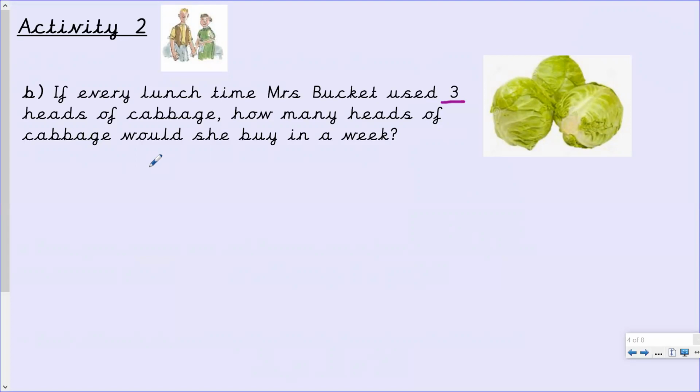What information would you need to know to answer this question? Well, you know that Mrs. Bucket used 3 heads of cabbage in every lunchtime, so the number 3 is important. And also, we want to know how many heads of cabbage would she buy in a week?